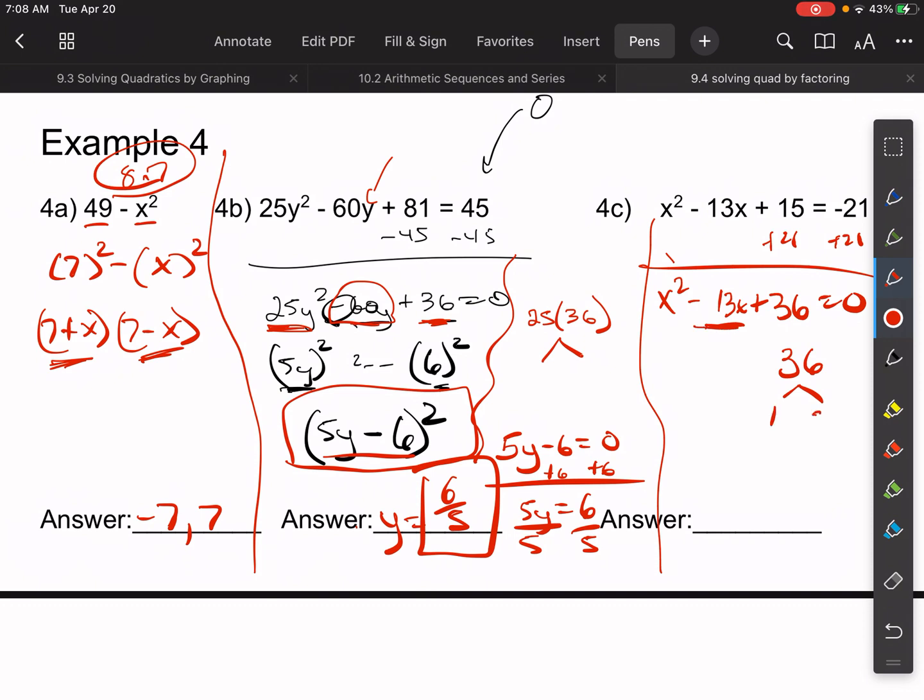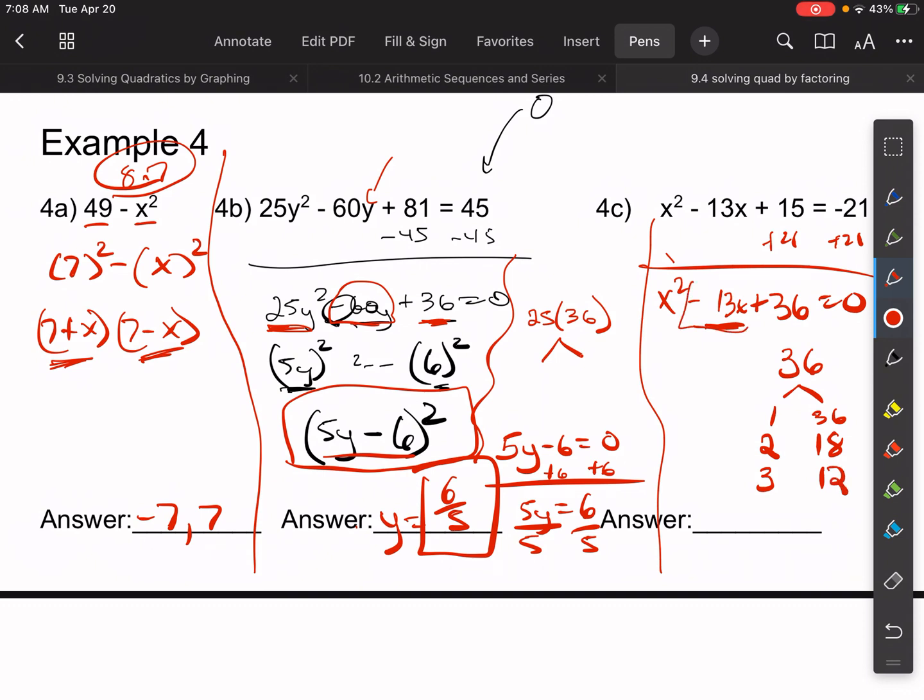So I know that 1 and 36 won't work, right? Can't get a 13 there, but let's look at 2. If you take 36 and divide it by 2, you get 18. That doesn't give me a difference of 13 either, though. So then let's go again. Let's go to 3. I think 3 goes into 36 12 times. Okay, that doesn't work either.